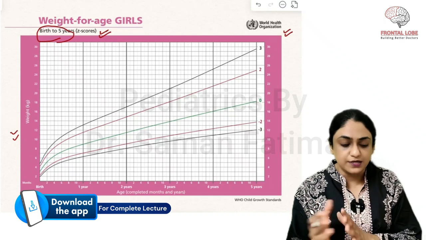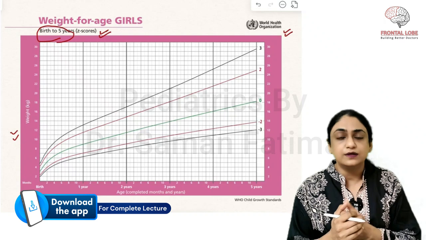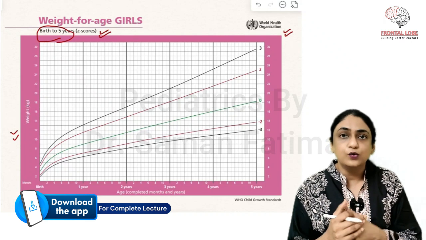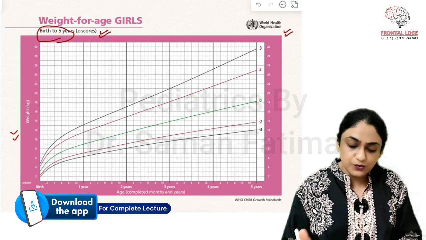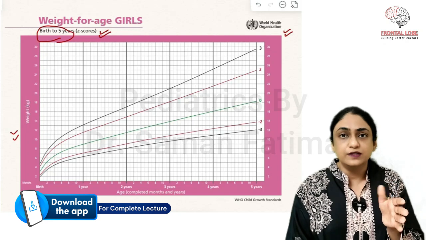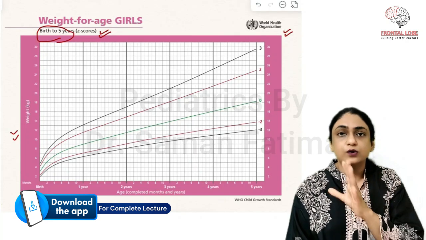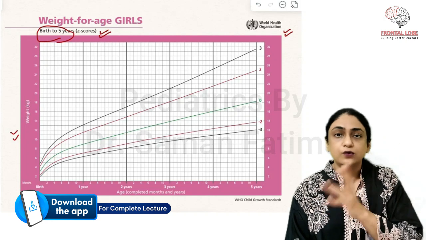So what is the importance? We have studied that growth charts are a good tool for growth monitoring and surveillance. If the mother has come to you with her baby girl and wants to know whether her weight is growing normally or not.